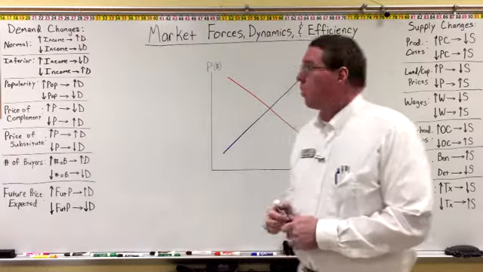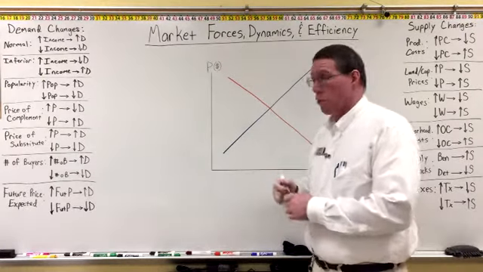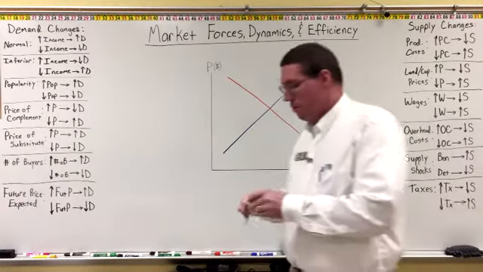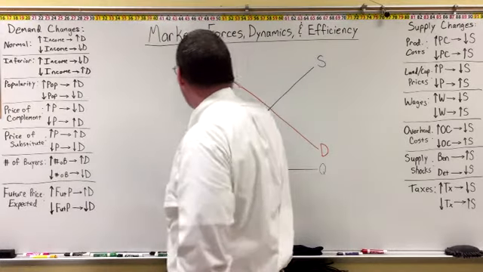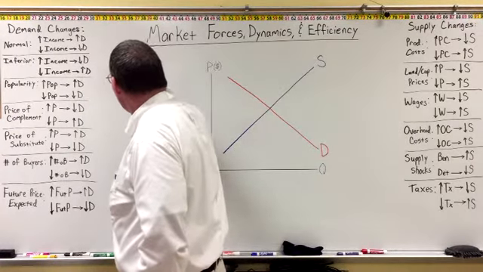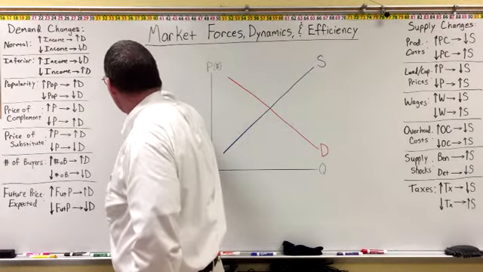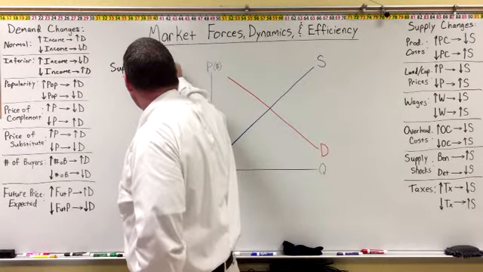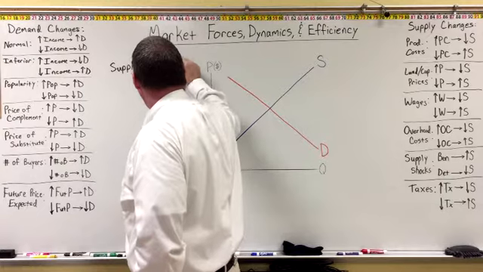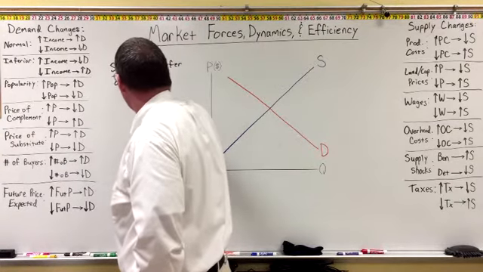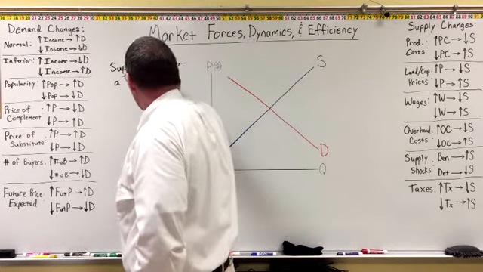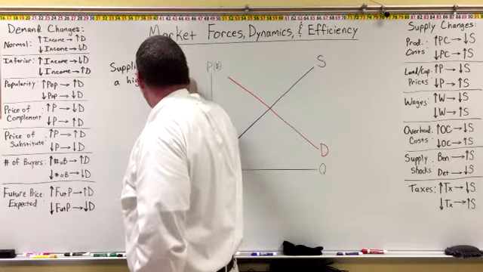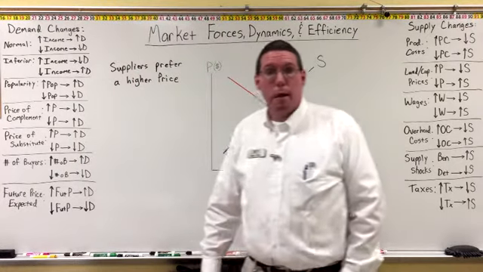All right, so let's start off by talking about market forces. One of the first things you need to understand when thinking about market forces is that suppliers always prefer a higher price, because they're the ones receiving money.